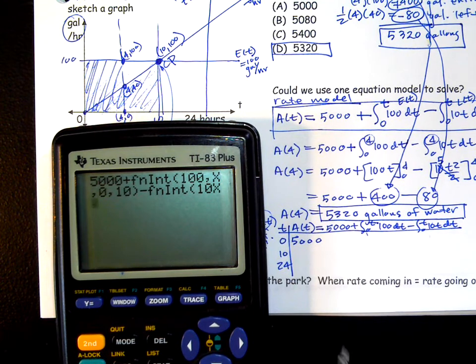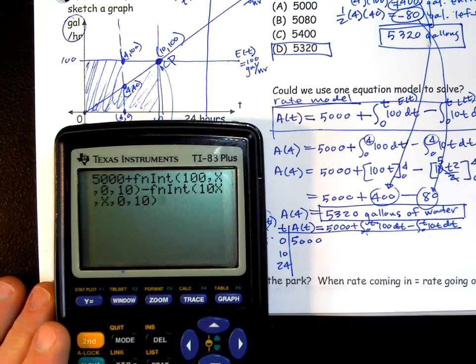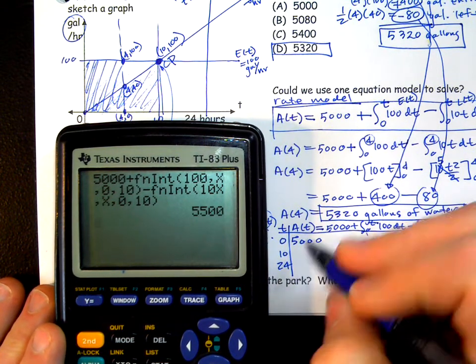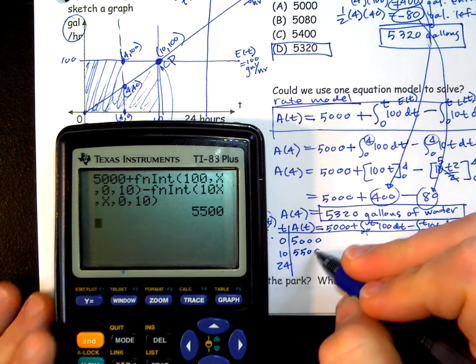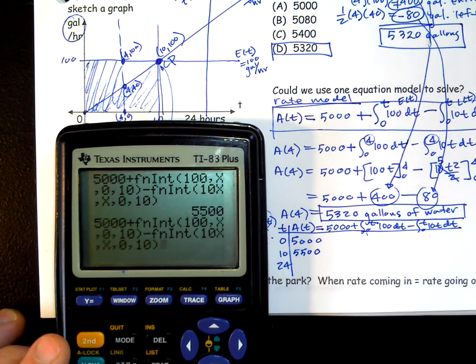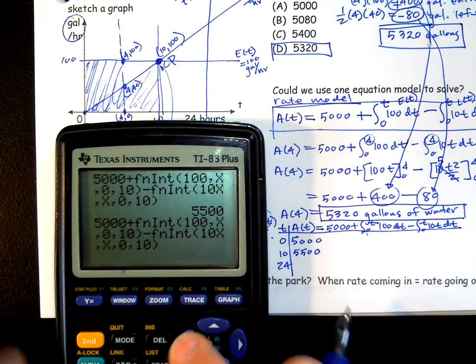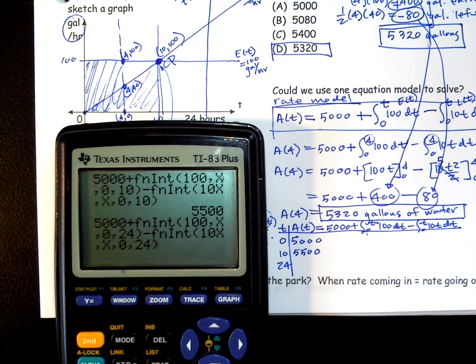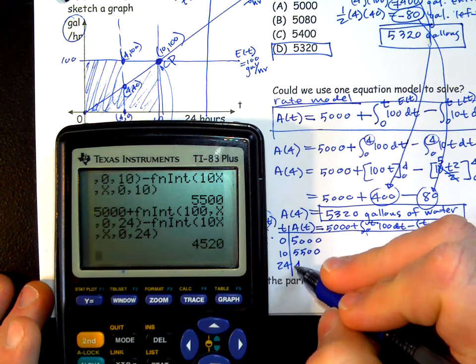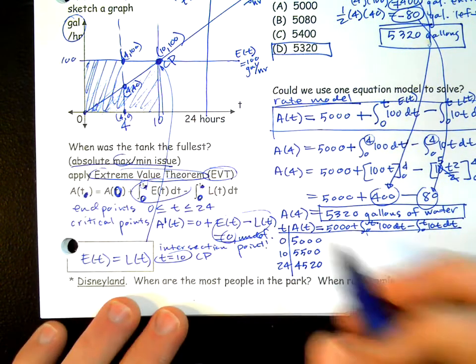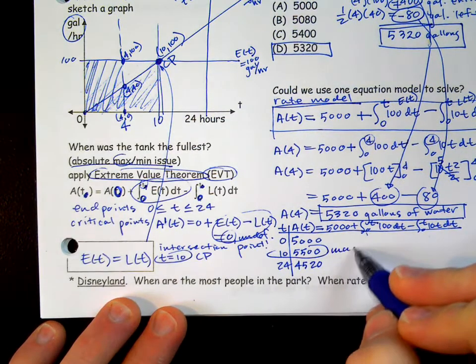We're putting x's for the t's, comma x, comma 0, comma 10. So I just plugged everything in there for 10. And I get 5,500. And then if I want to do it again for 24, instead of retyping all this, I hit second enter and it recopies it. And I go back in here and I just change my 10s to 24s. And I get 4,520.